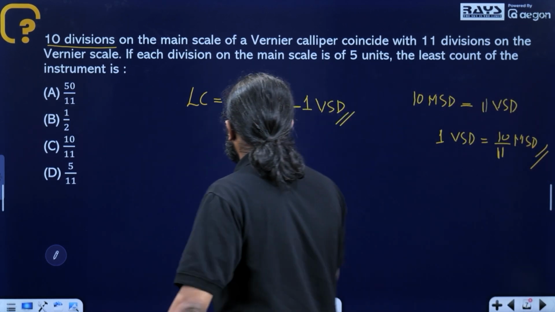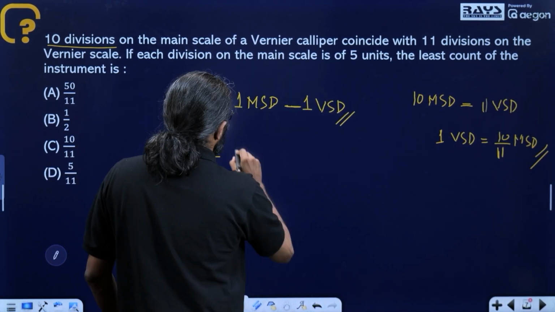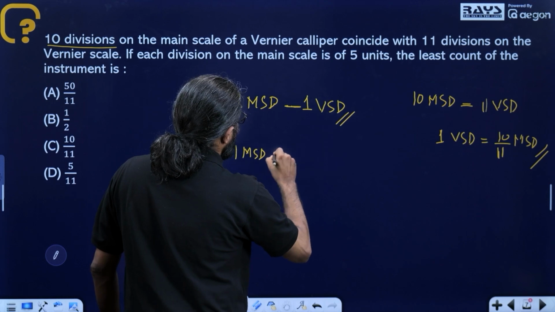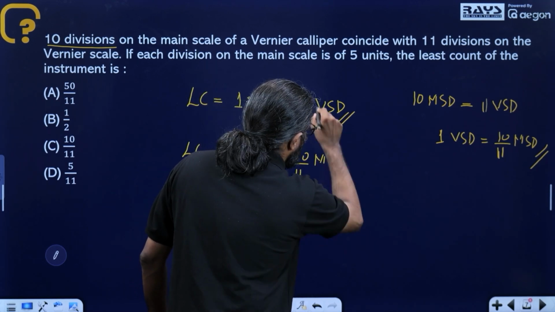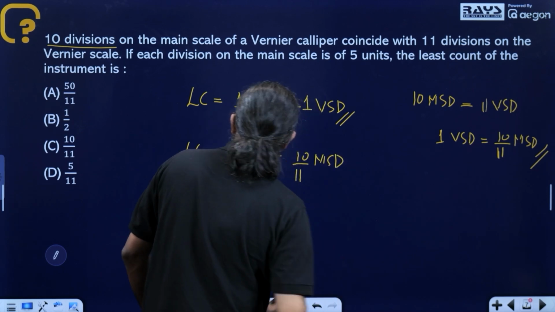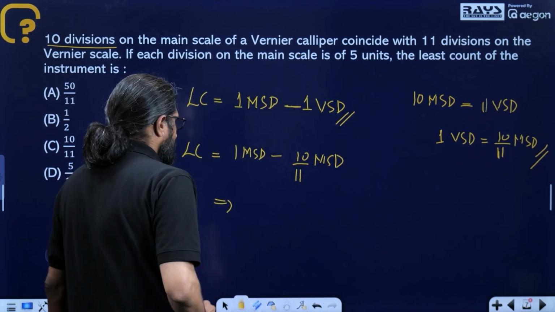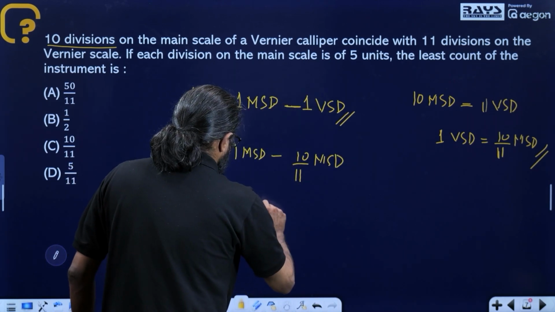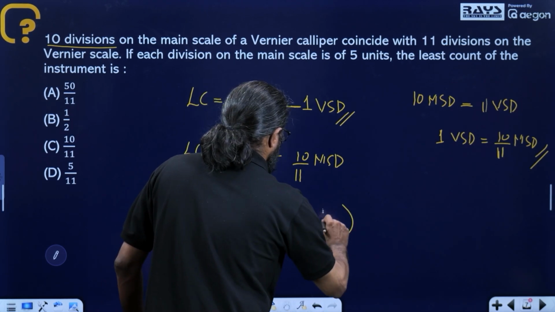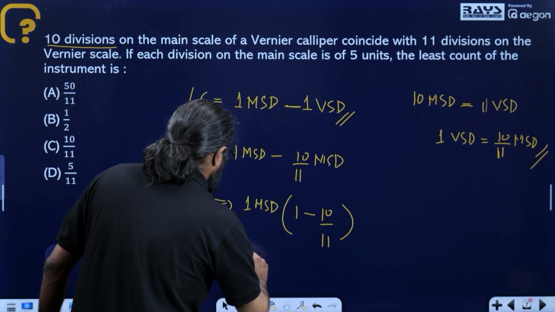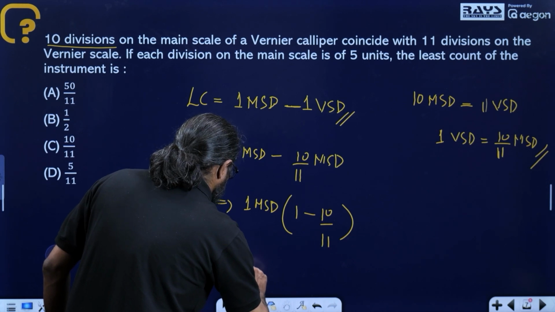So bring that here. LC will then be equal to 1 MSD minus 10 by 11 MSD instead of the 1 VSD here. That would give me 1 MSD multiplied with 1 minus 10 by 11, that is again 1 by 11 times MSD.